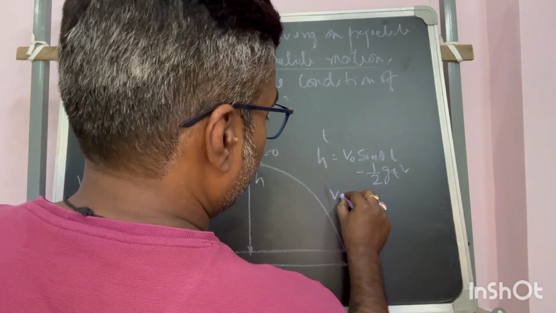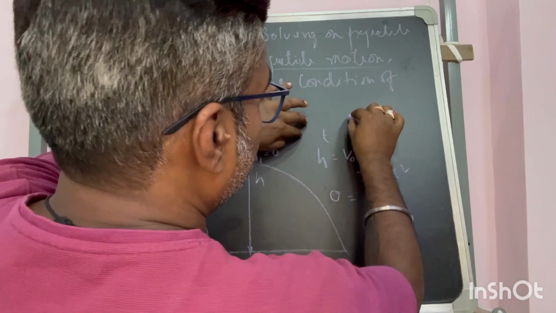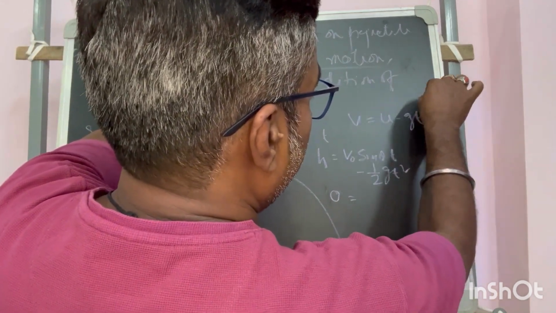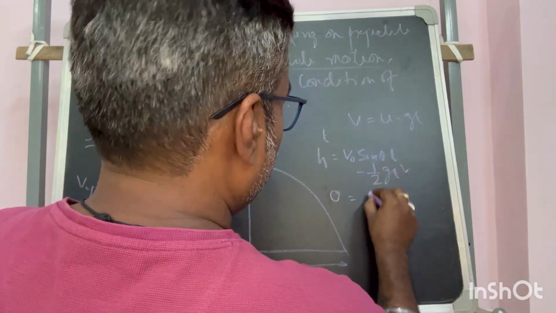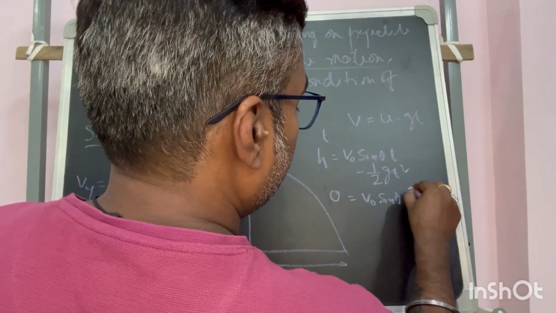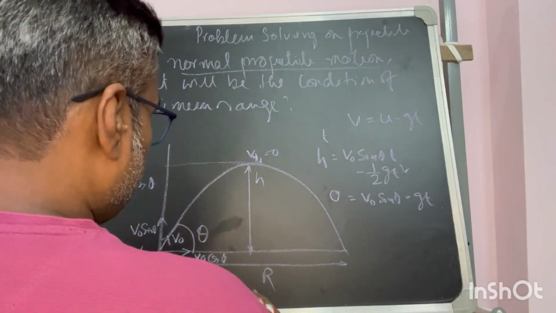For the vertical equation, remember v is equal to u minus g t against gravity, so the final velocity is 0, u is your v0 sin theta, minus g into t.